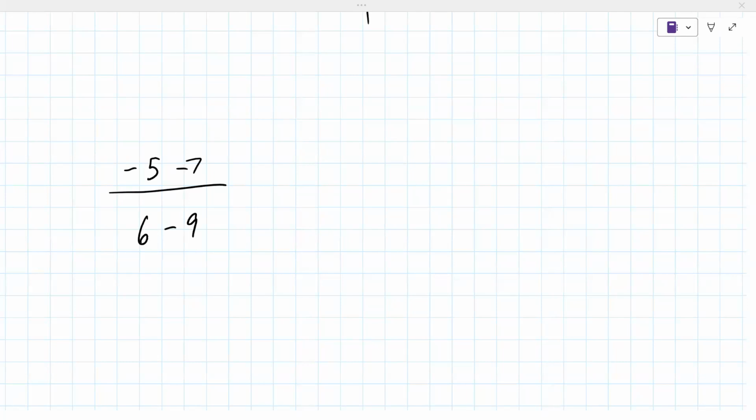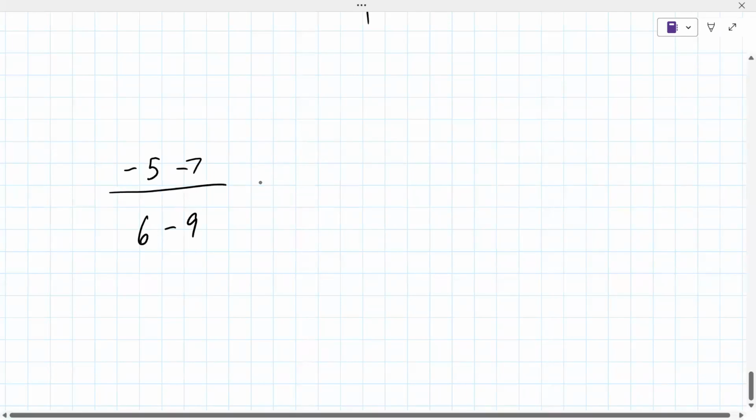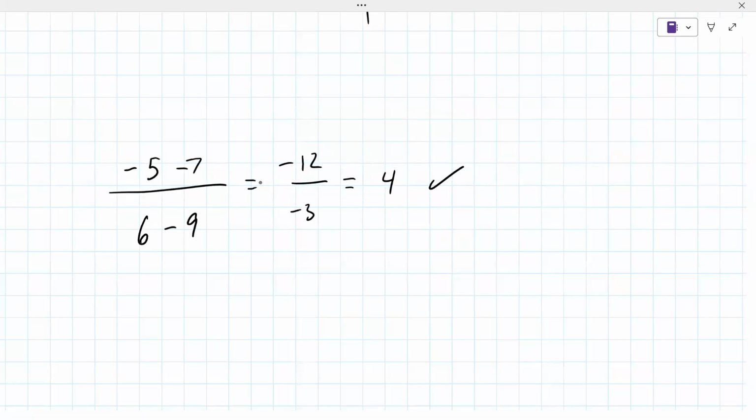I got 4. So the top is -12, the bottom is -3, and it is 4. Good. Okay. Very, very good.